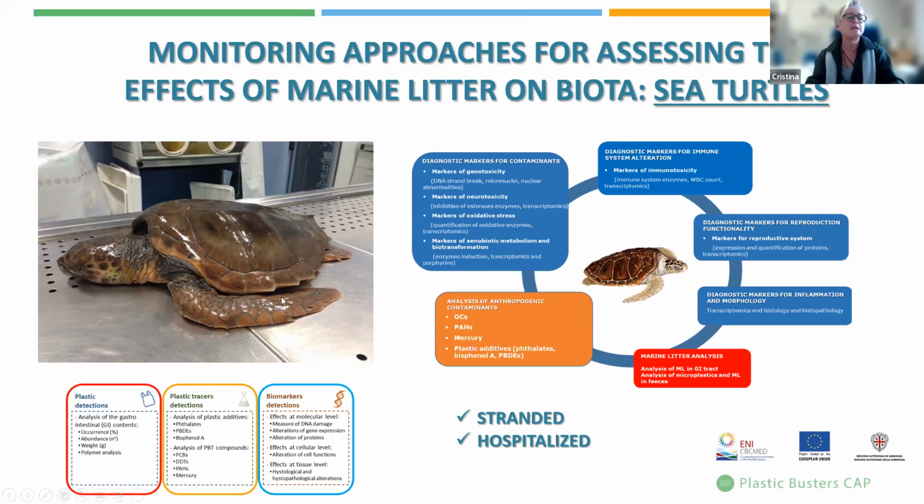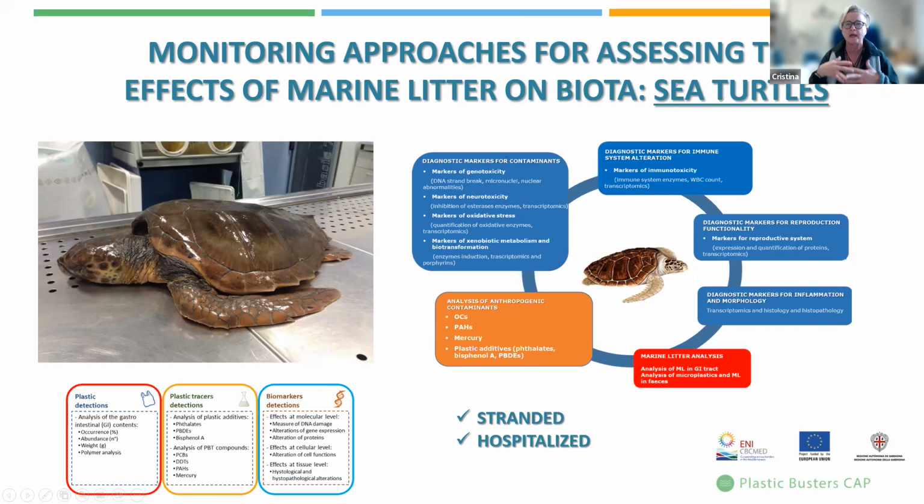And in this kind of species, you can collect several biological materials, such as feces, blood, and skin biopsy. And in all this biological material, you can analyze a wide range of biomarkers.